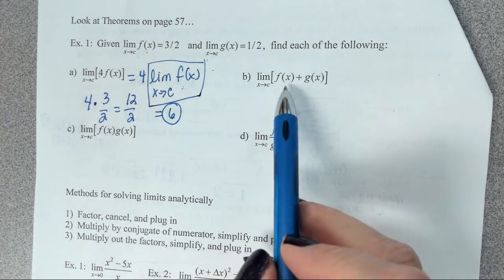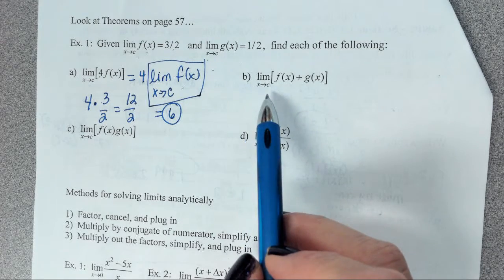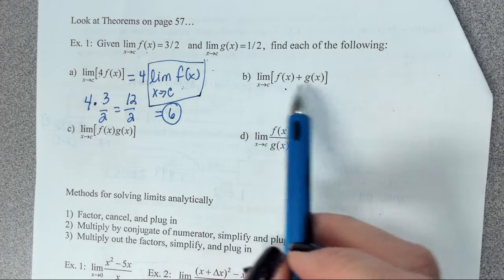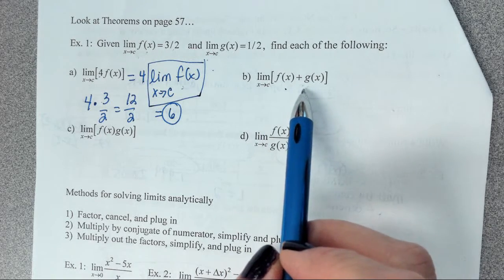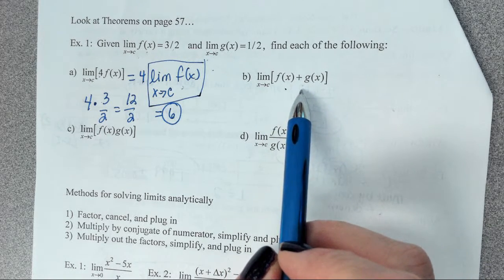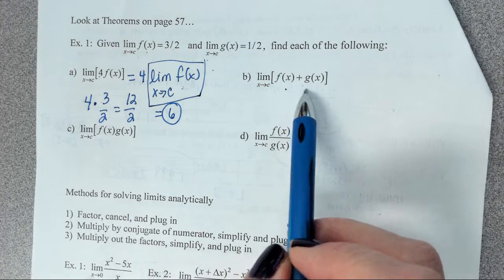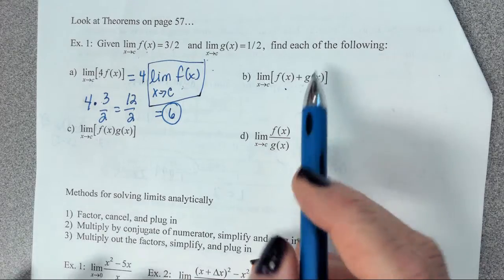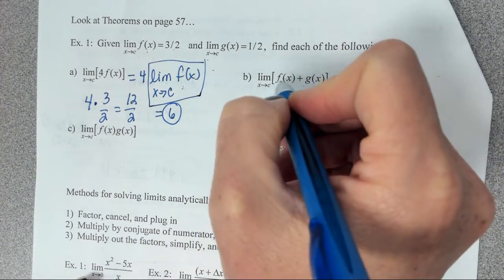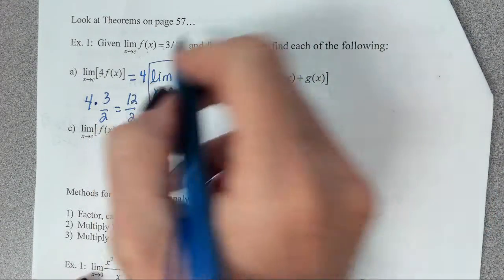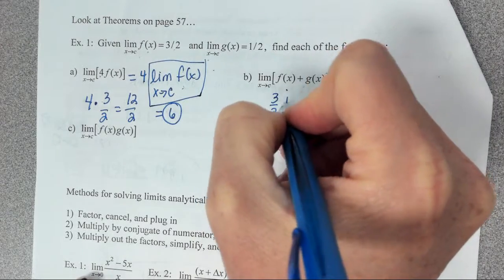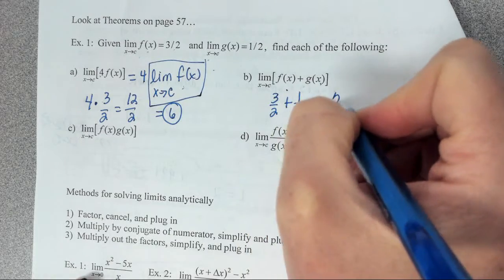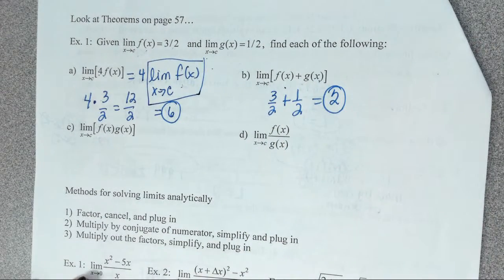So what would you think we would do here if we have the limit as x approaches c of f of x plus g of x? What do you think we do with these two limit values? Just add them, right? So I take the limit for f of x, which is 3/2, plus the limit for the other one, which is 1/2, and that answer is going to be 2.